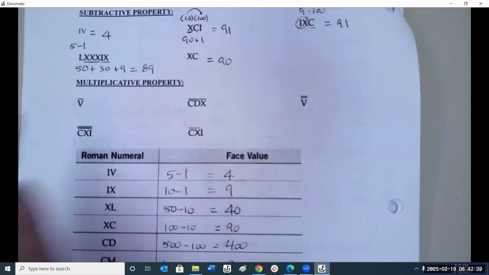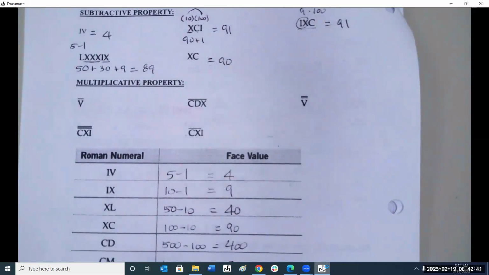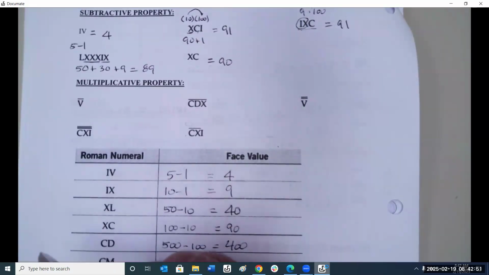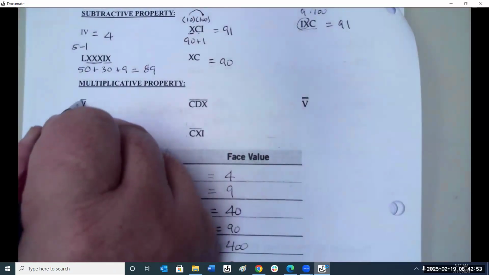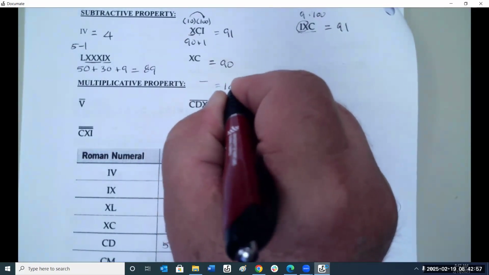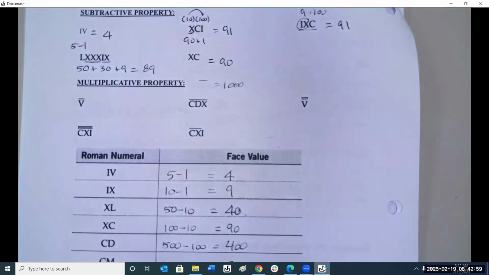Now we also introduce a multiplicative property. Like the Egyptians, like the Mayans, they stack theirs, you multiply by a certain number. But the Romans had a more convenient way of doing it. This bar means you multiply by 1,000.